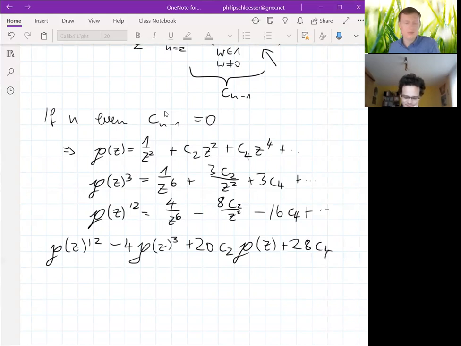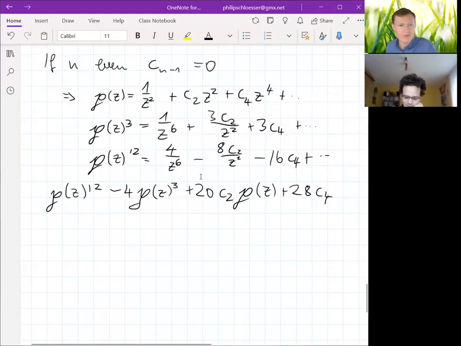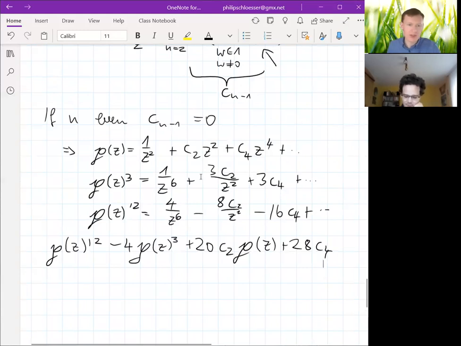Can have a look at the sum. Well, first thing to note, it is elliptic because it's an algebraic combination of elliptic functions.